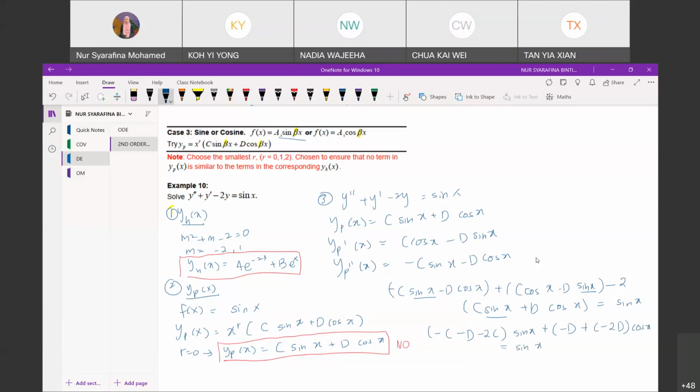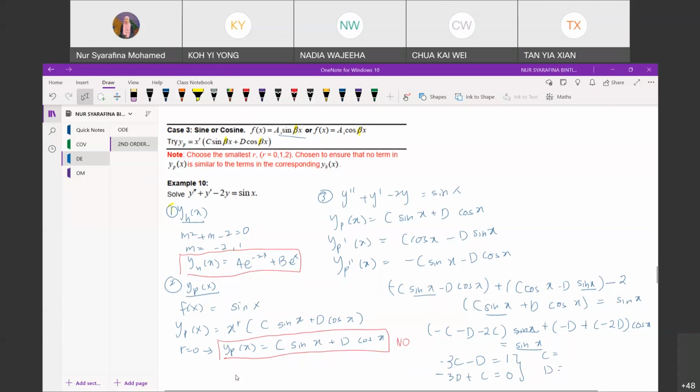So for sine, this is minus c minus 2c, minus 3c minus d equals 1, because the right side is sin x. For cos x, there is no cos in your right-hand side function, so you should have minus 3d plus c equals 0. Solve these simultaneously and you should get c and d. So c equals minus 3 over 10 and d equals minus 1 over 10.